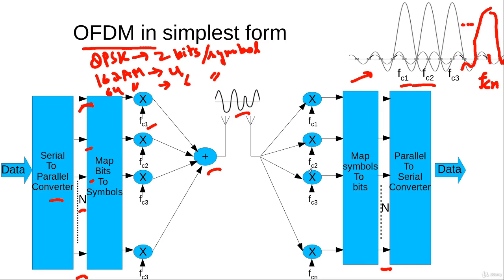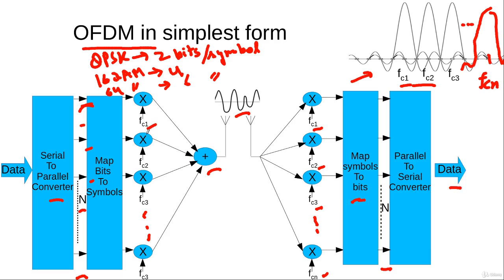And when this signal is received at the receiver side, each of these symbols is then demodulated by again multiplying by the respective carrier frequencies. So once we get the symbols, then we remap the symbols to the bits, so that here we get the bits, or in other words, we get the n channel data that we had here, and then we convert these bits from the parallel to serial form to get the original data.